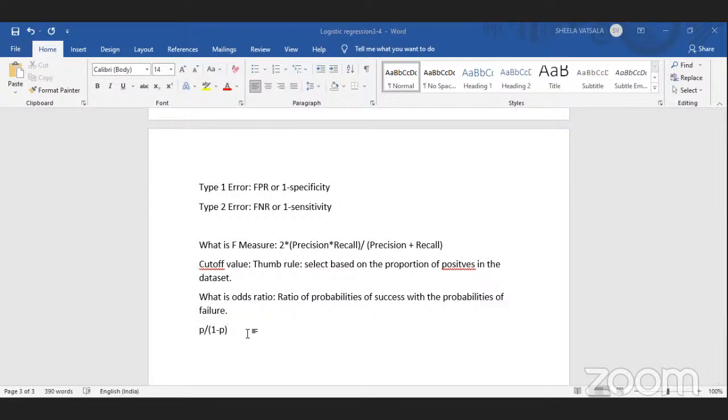This is also called as logarithm of odd. So for this, we will apply log to quantify it. This is called log odd.